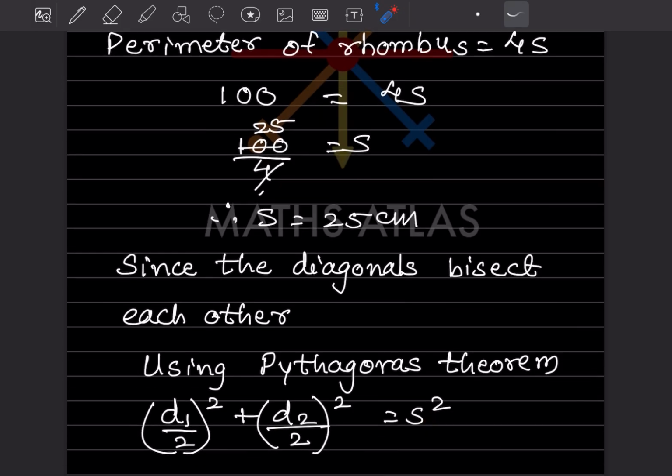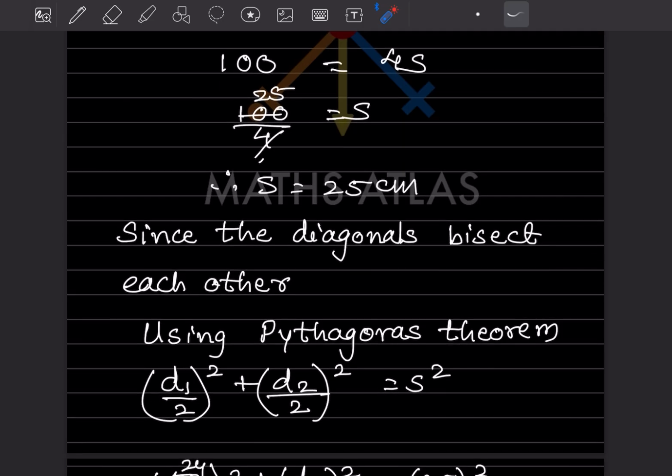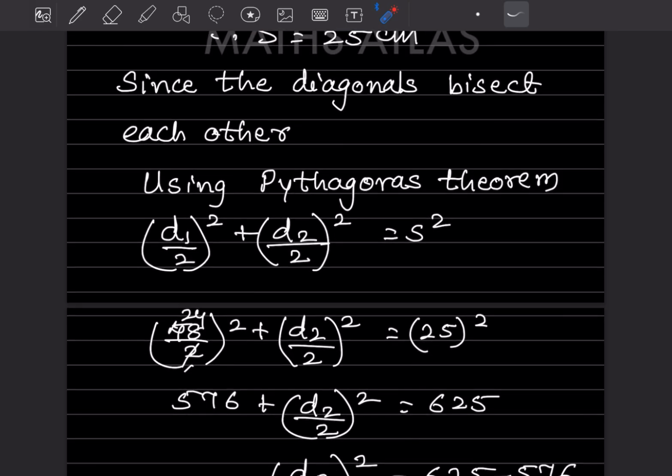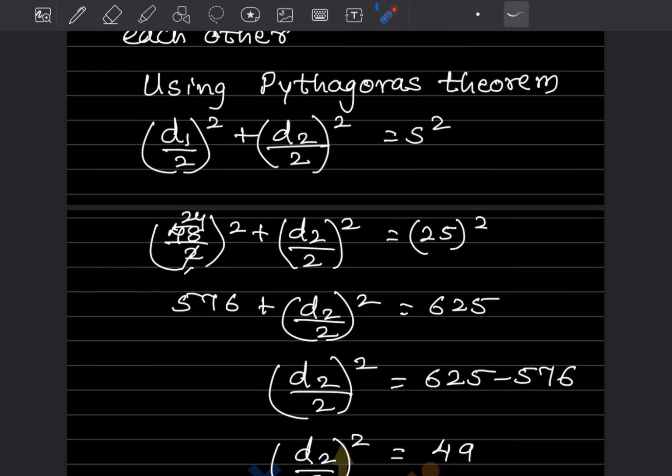This is an important step. So now you will do 48 by 2 square, because we know the diagonal is 48, plus d2 by 2 square, since we don't know the other diagonal, equals the side square. The side we got as 25, so that will be 25 square.